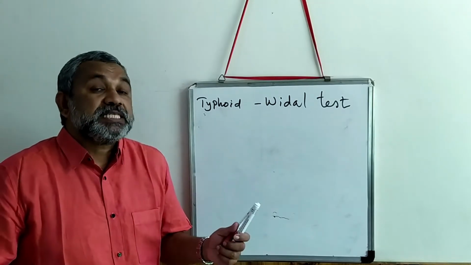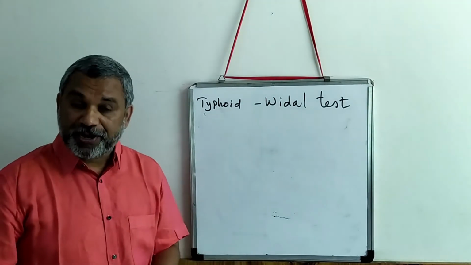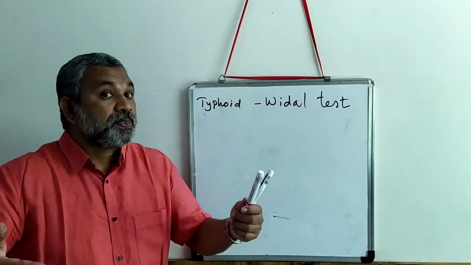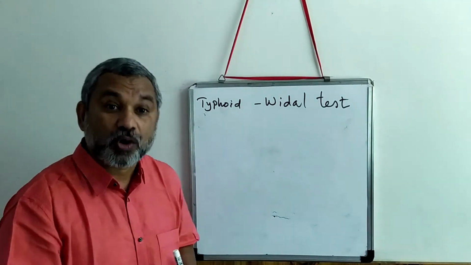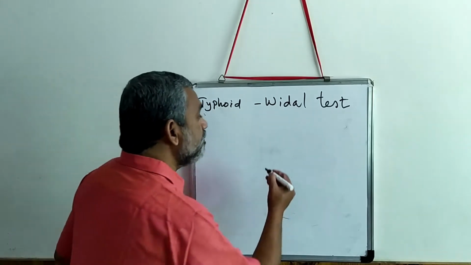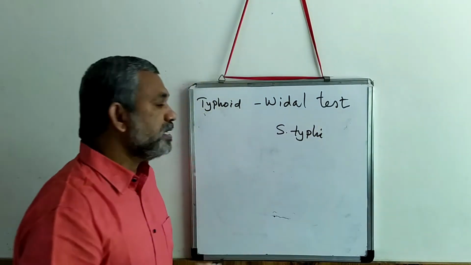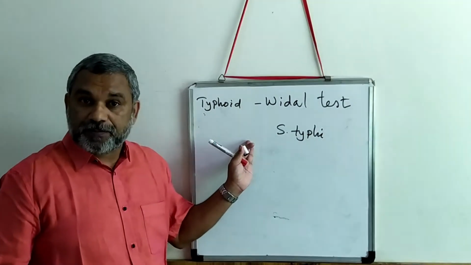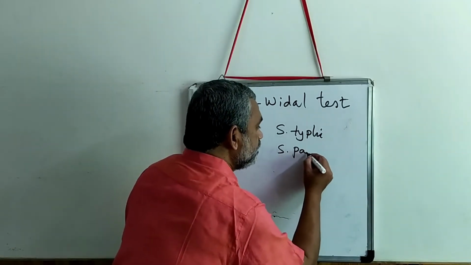We know when someone is getting infected with enterobacteria causing typhoid, antibodies will be produced against this bacteria in the body. The organism which is causing this is Salmonella typhi, and also Salmonella paratyphi.